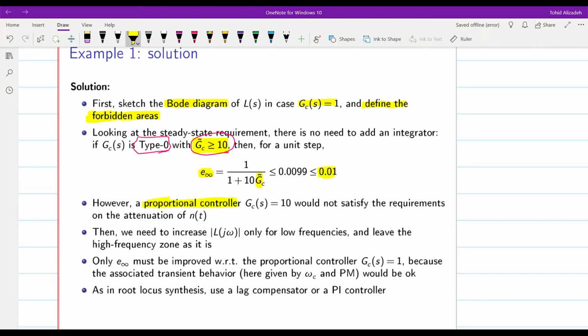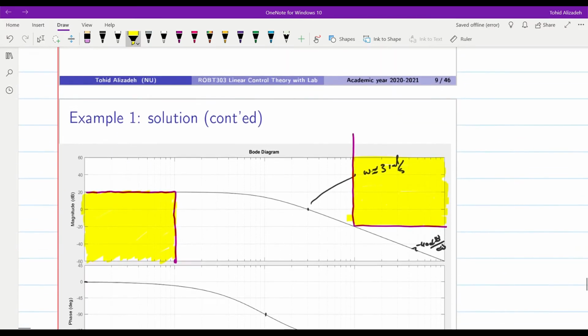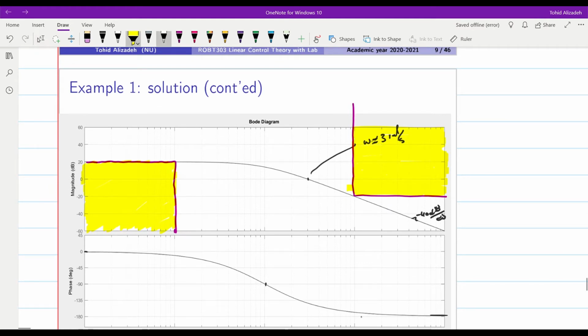If we have a proportional controller with GC of S equal to 10, the amplitude plot will move upwards by 20 decibels.